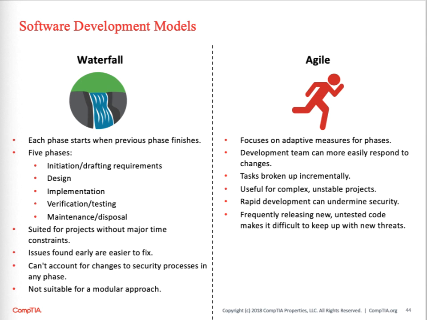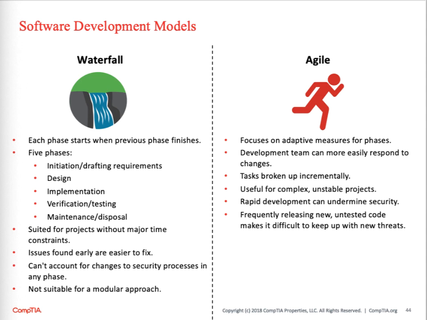The agile method, on the other hand, is a big thing in software development in general. The agile model is going to focus on adaptive measures in various phases, right? So we're going to have a development team that's more able to respond to any changes. Our tasks are going to be broken up incrementally so that there's no long-term planning, right? We're only going to have short iterations, and the developers can then change their stance in order to fit any evolving needs.